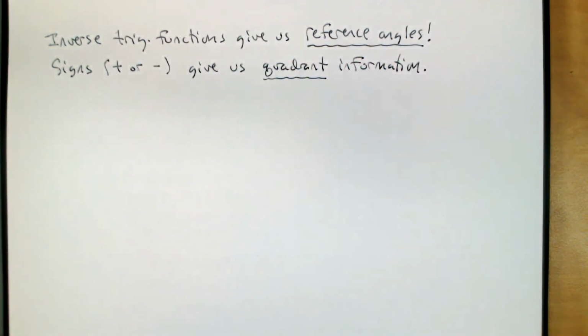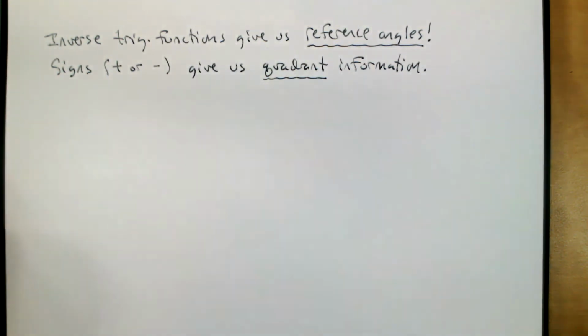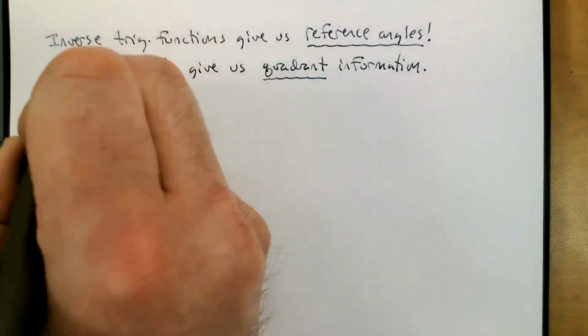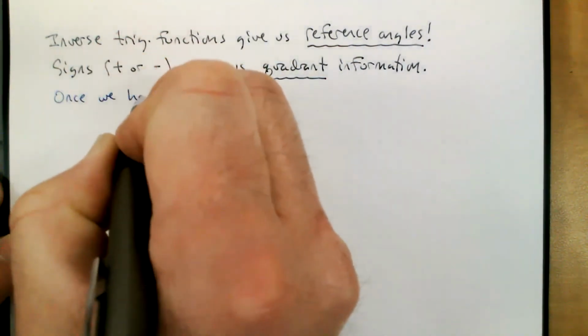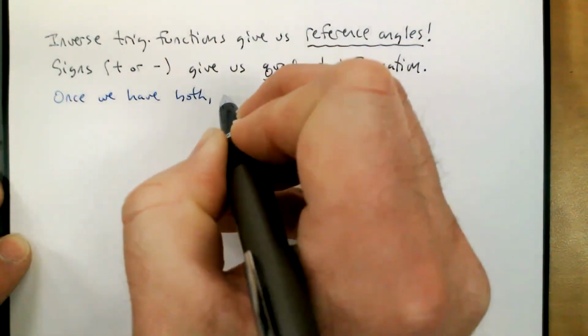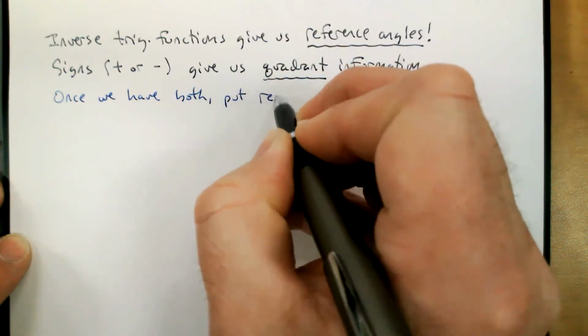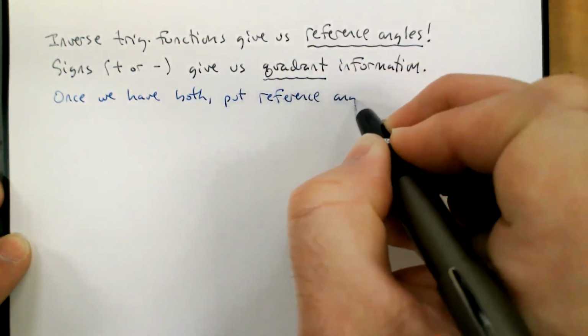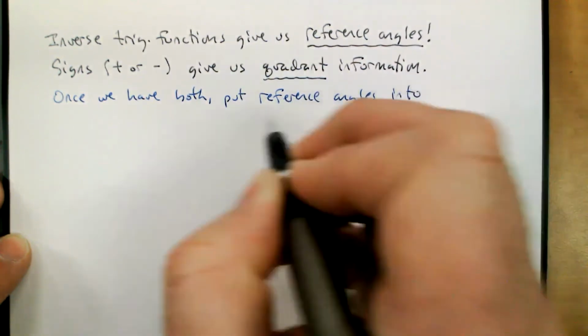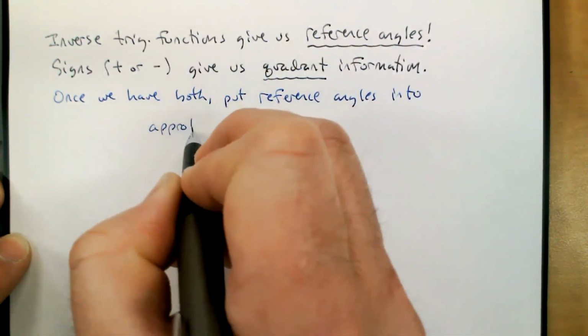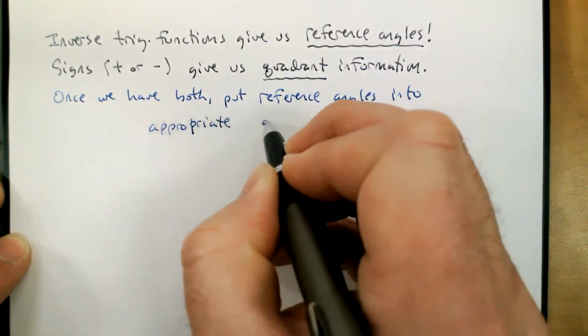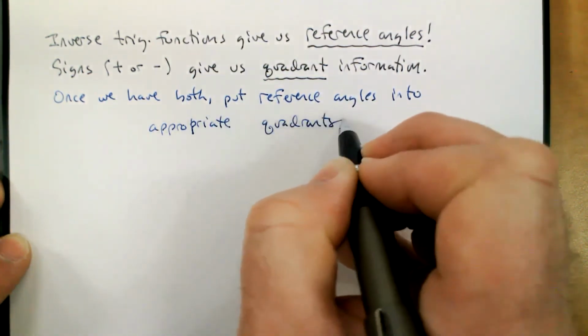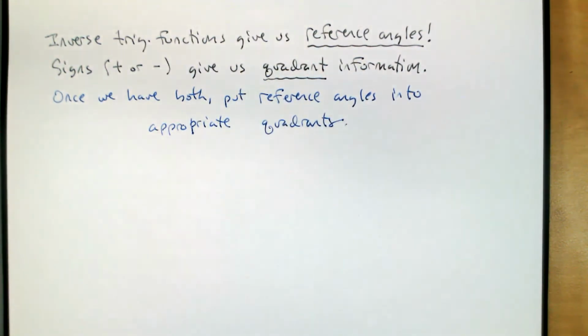The inverse trig function will give us a reference angle. Then all we have to do is put the reference angles into the appropriate quadrants. So this is going to become an exercise in putting reference angles into quadrants.